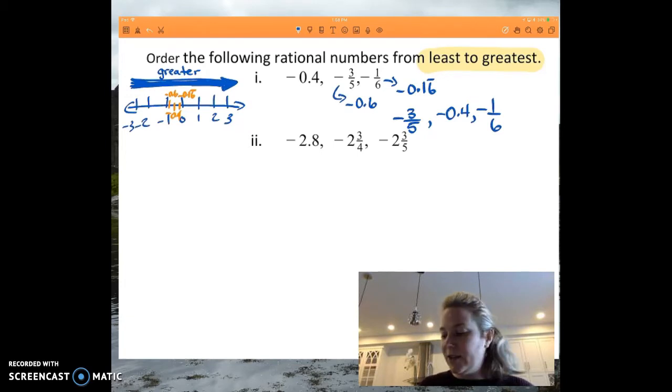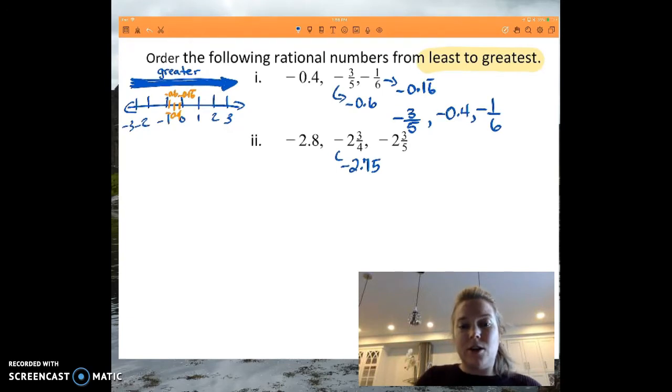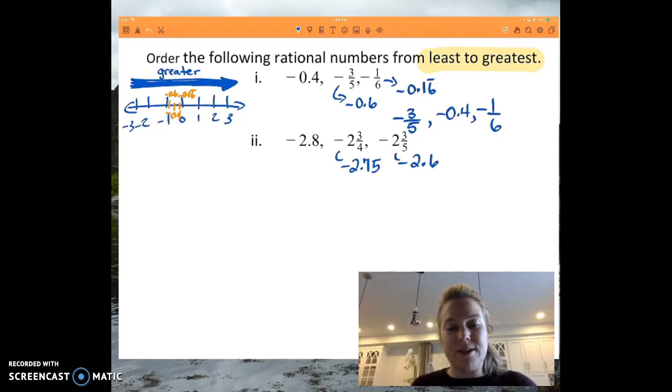Okay, negative 2.8, we don't have to worry about. Negative 2 3/4, negative 2.75, and 3 over 5, we already know is 0.6, so that's going to be negative 2.6 like that. So negative 2.8, negative 2.75, and negative 2.6.